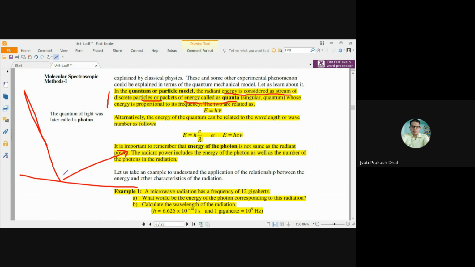But according to quantum mechanics, the radiant energy will be discontinuous, in the form of small discrete packets of energy called quanta.